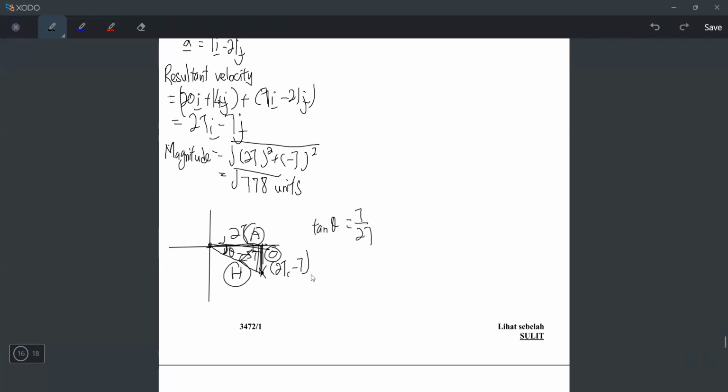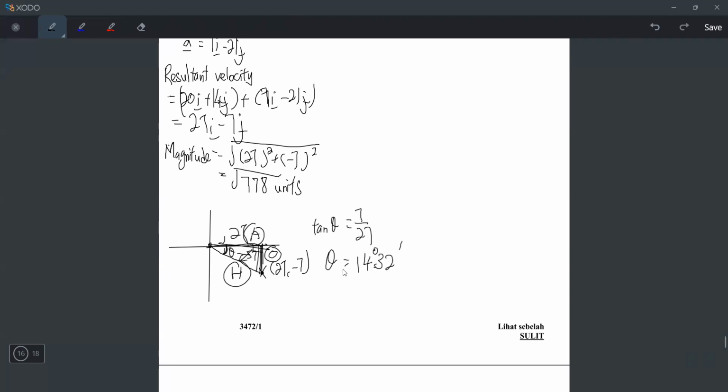Don't put in the negative. The negative only indicates the quadrant. When you key in the calculator, you won't key in the negative one. So shift tangent 7 over 27. So that's the answer, 14.53. Let's write it in degrees and minutes: 14 degrees 32 minutes.